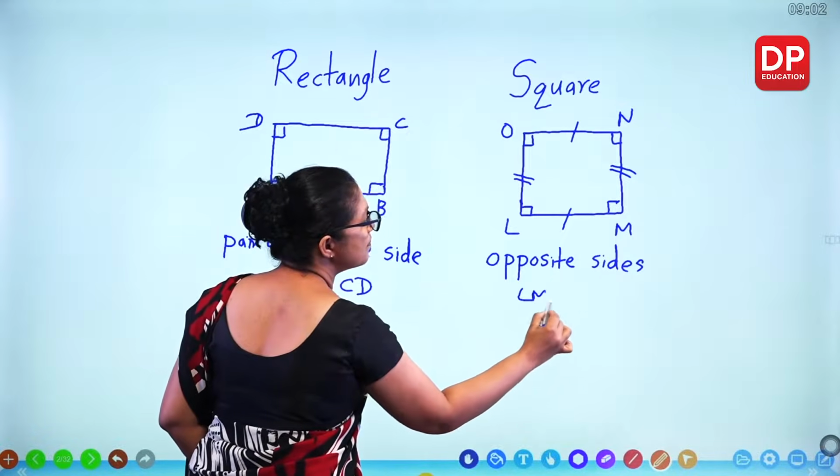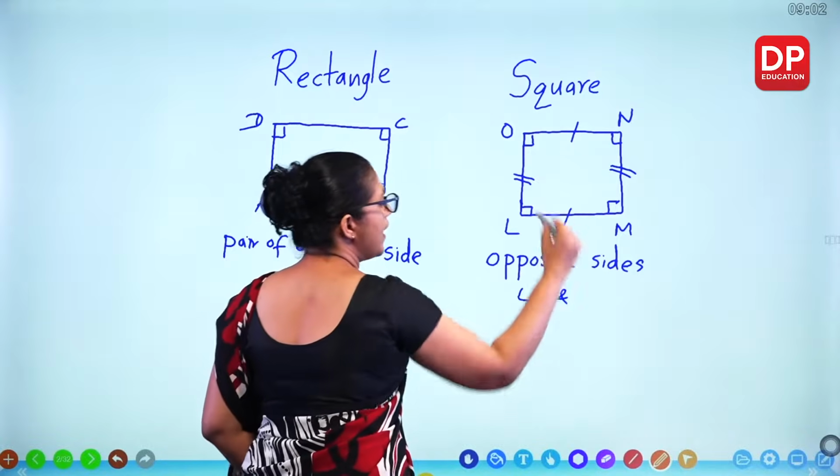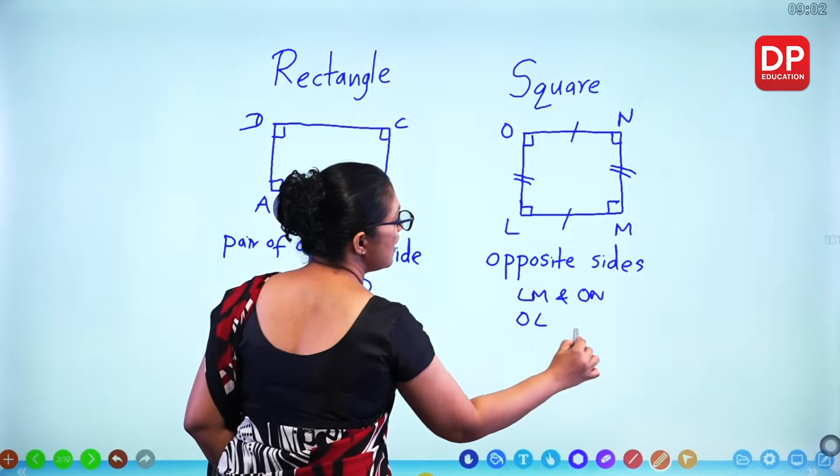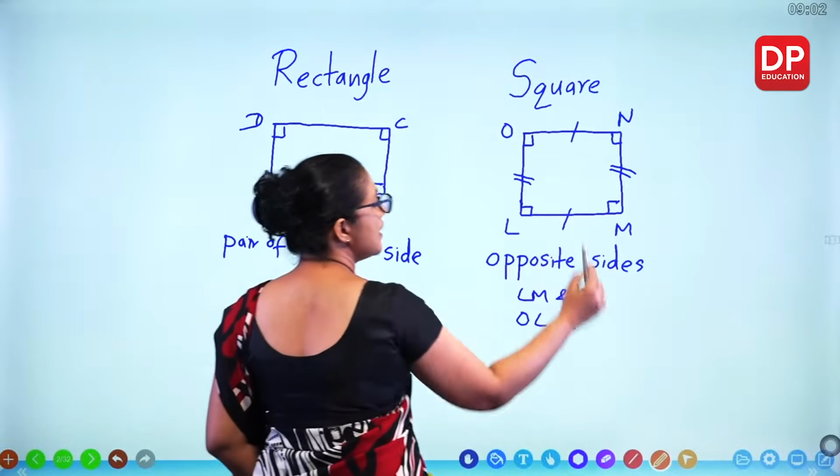LM and ON are opposite sides. If you take OL, what's the opposite side of OL? MN.